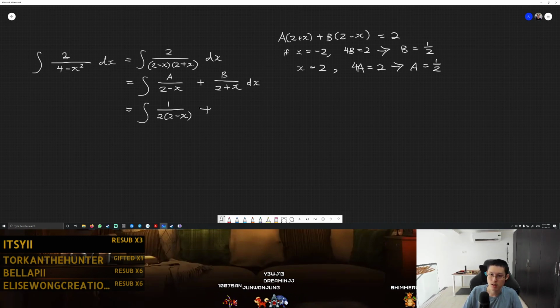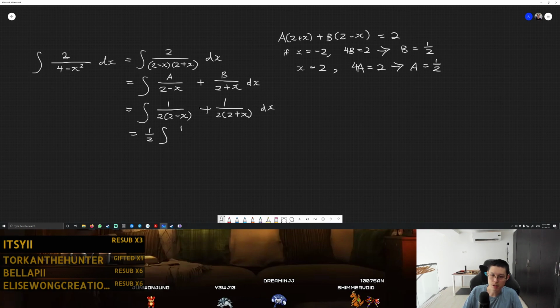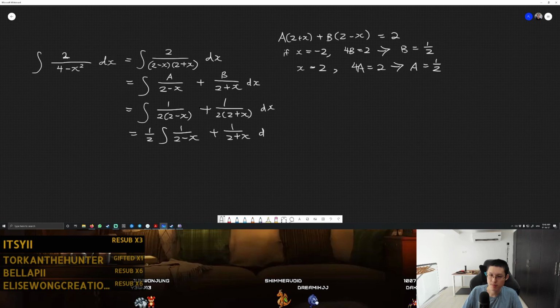There we go, so we've worked out the partial fractions, so we have a half over 2 minus x, plus a half over 2 plus x, and we can factorize the half out so that we are left with just 1 over 2 minus x and 1 over 2 plus x. Okay, so we have two separate integrals separated by a sum, which means we can integrate them separately.